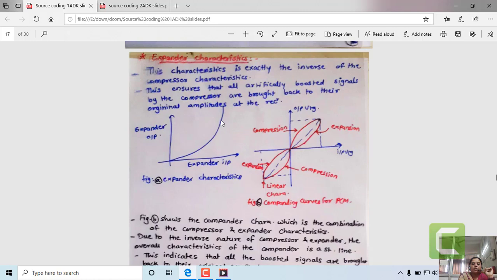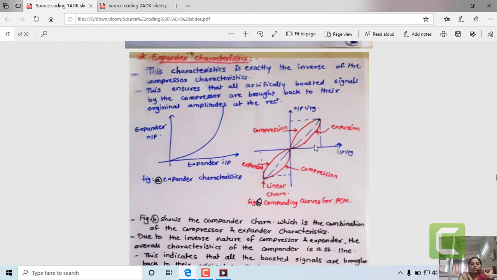So if I join both the compressor and expander characteristics, then we can see this as an expansion characteristic, while this is a compression characteristic. Now you can see that we have plotted these characteristics in both the first and third quadrants. Why is this happening?